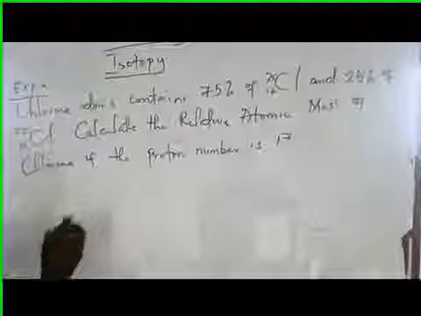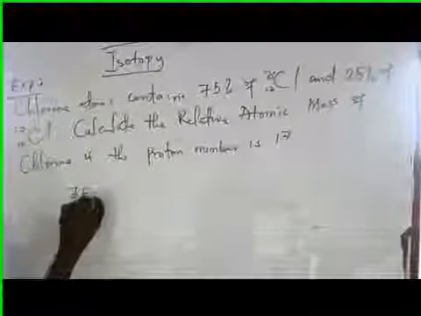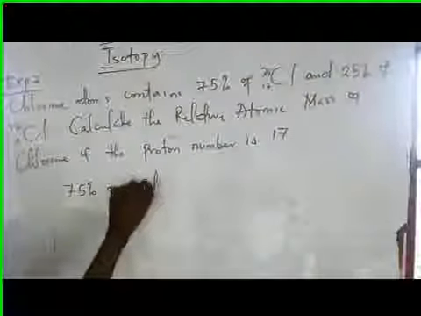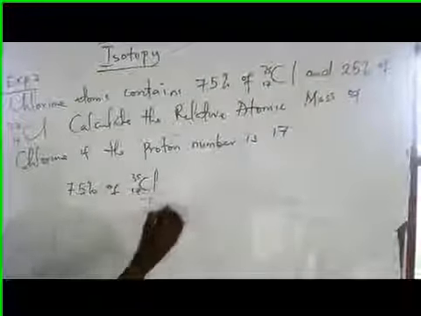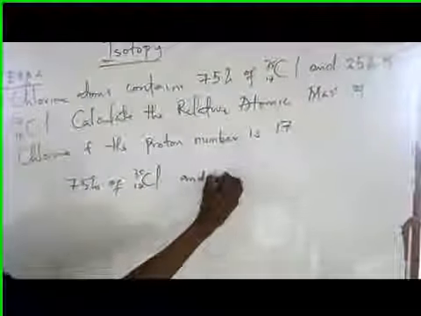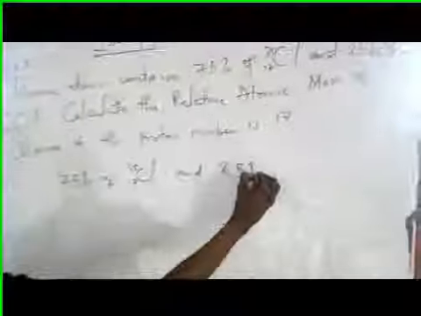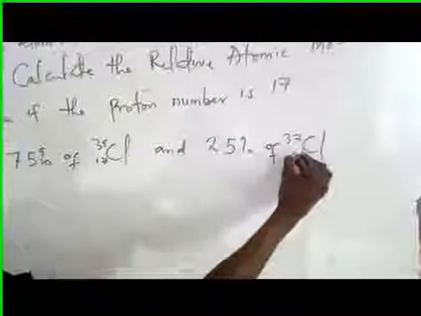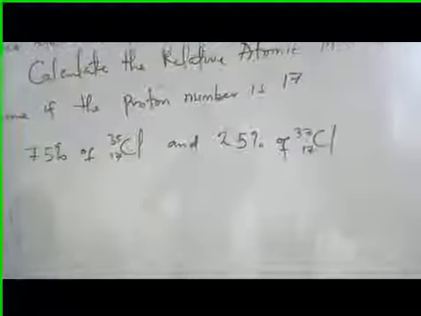From the information provided, we have 75% of chlorine-35 (³⁵₁₇Cl) and 25% of chlorine-37 (³⁷₁₇Cl).